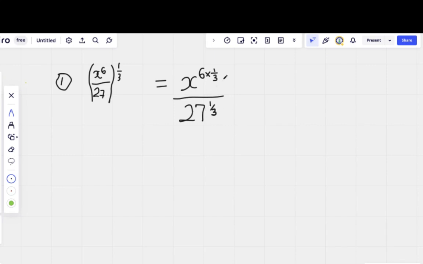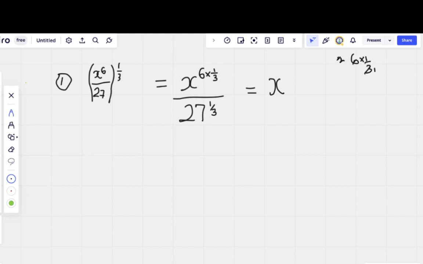So this denominator, okay, let's treat the numerator first. For the numerator, you have x to the power, let's treat the 6 times 1 all over 3. 6 times 1 all over 3 is 3 divided by 3, you get 1. 6 divided by 3, you get 2.